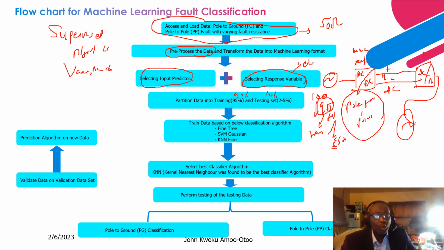Then you select your classification learner algorithm. For this example, I selected decision tree, then KNN, then Gaussian support vector machine as classifier algorithms.